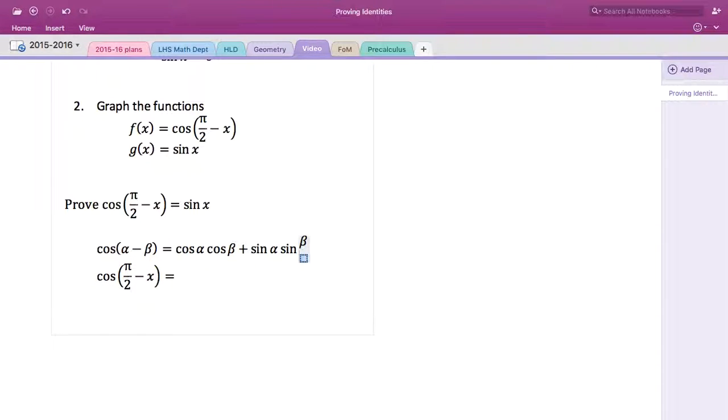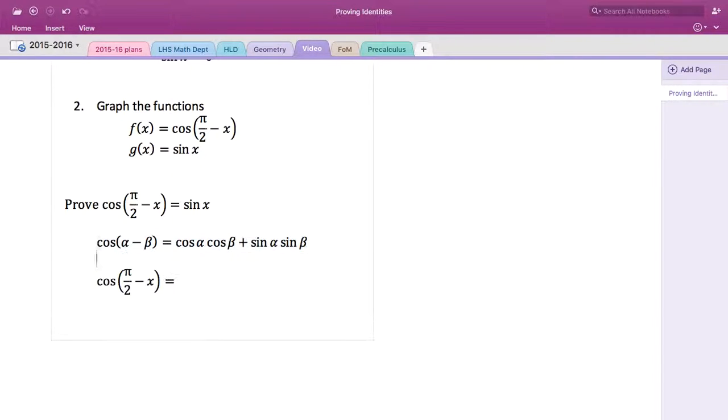In this case, alpha is pi halves, and what's the beta? Beta is x.